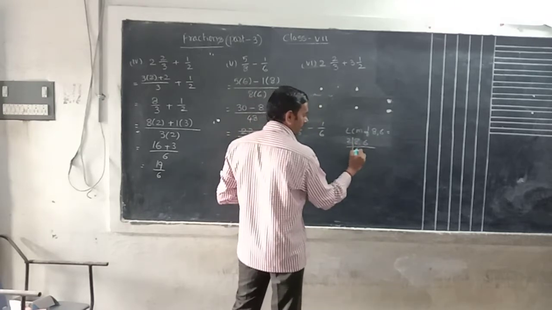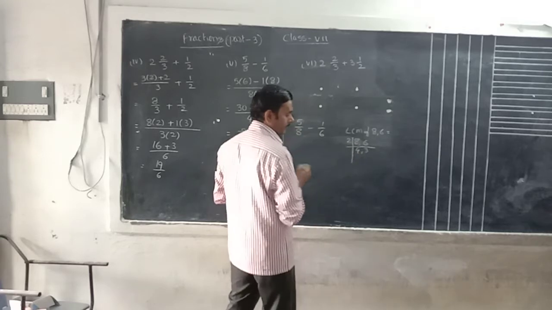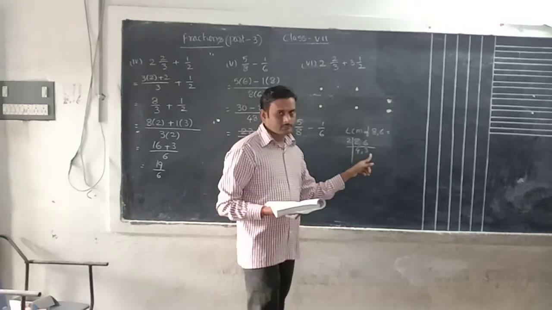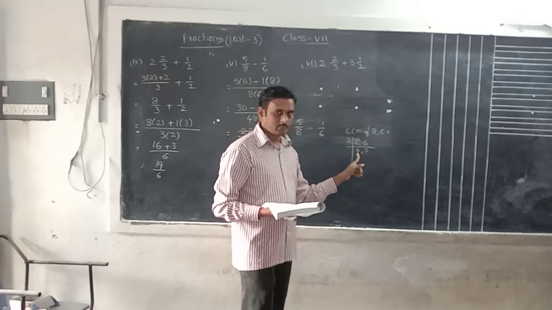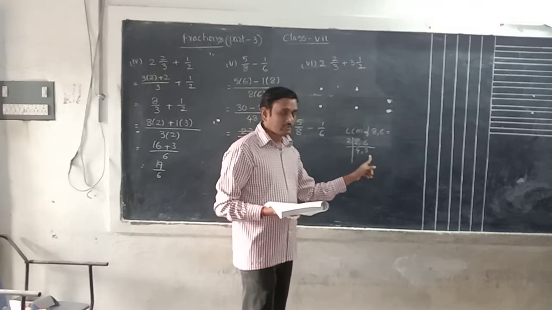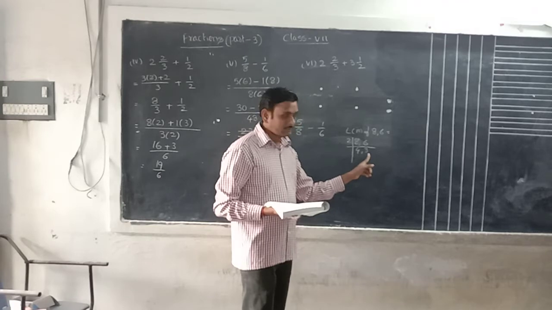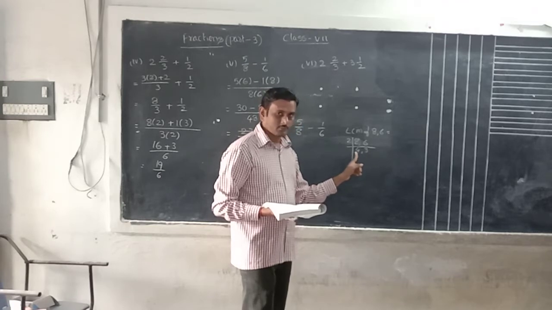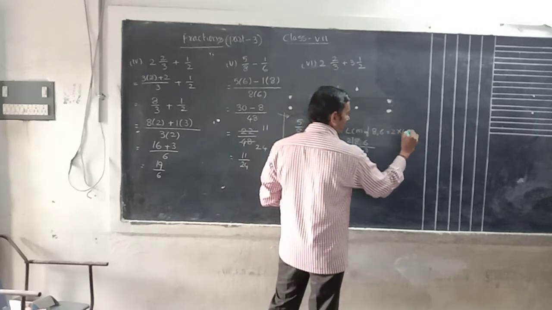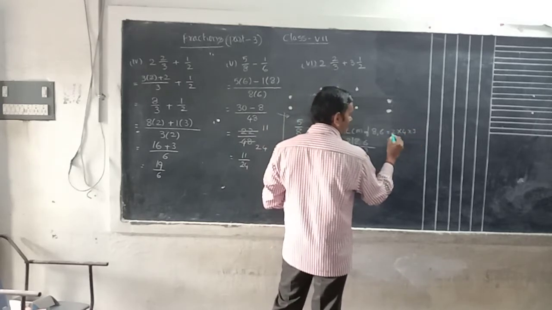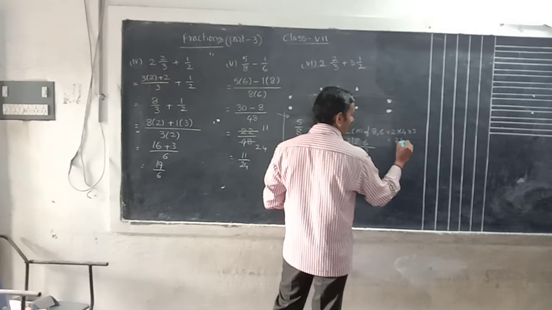Two table: 2 4s are 8, yes; 2 3s are 6, yes. And 4, 3 will divide by the same number only? No. 4 will divide by 2, but 2 will not divide 3. 3 will divide by 3, but 3 will not divide 4. So to get the LCM, multiply these: 2 multiply 4 multiply 3. That is 2 4s are 8, 8 3s are 24.